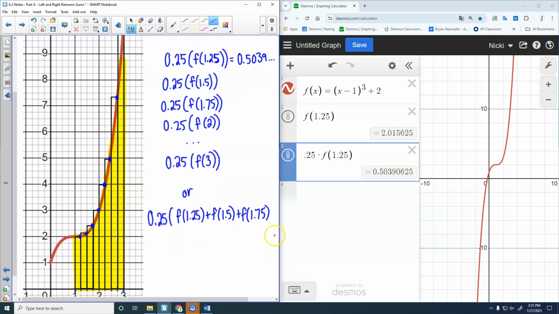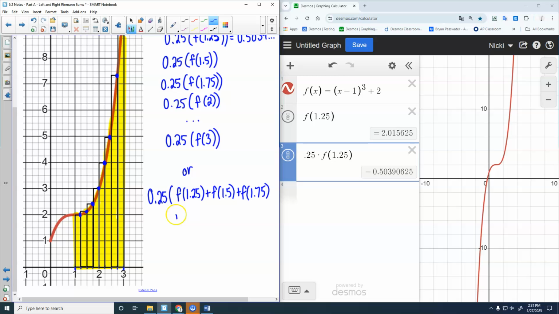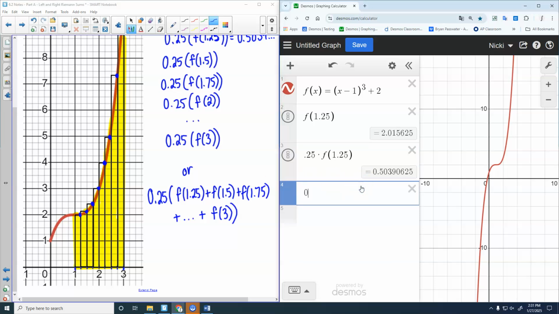I think it will be acceptable for us to put plus dot dot dot, and then our last one is going to be f of 3. But when I actually type that into the calculator, it will look like this.